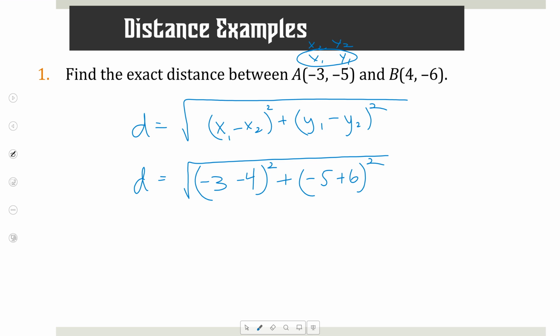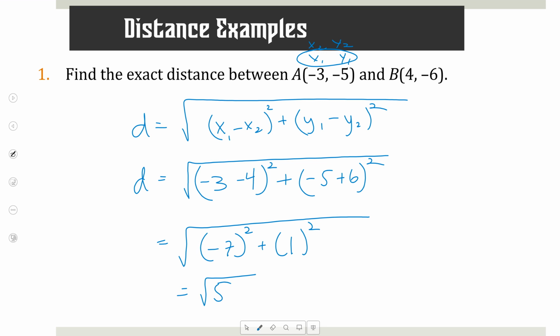Be careful adding and subtracting, please. Done. -7 squared is 49, plus 1 is 50, and the square root of 50 is 5 square root of 2.